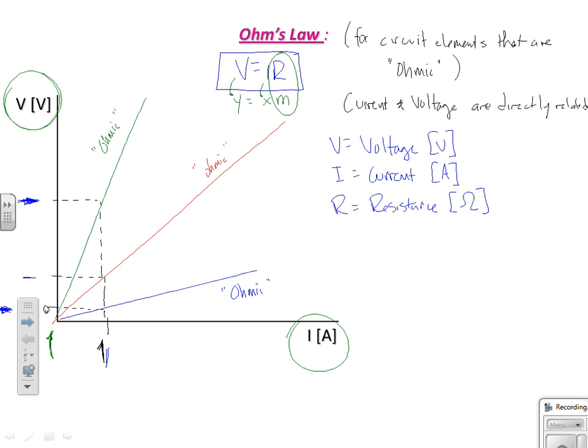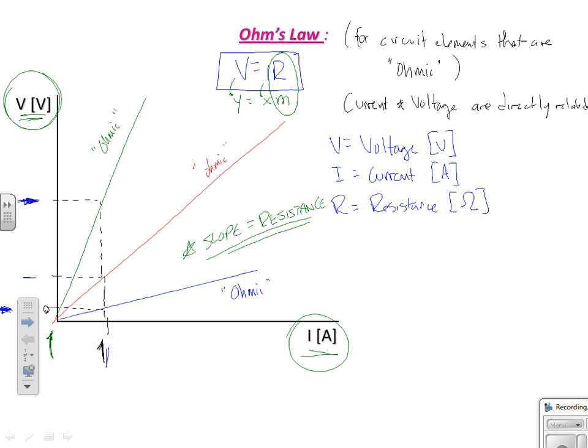So for a graph, slope is resistance. You just have to make sure that voltage is on the y-axis and current is on the x-axis. Sometimes they'll reverse those on you.